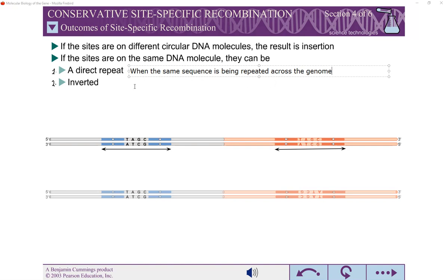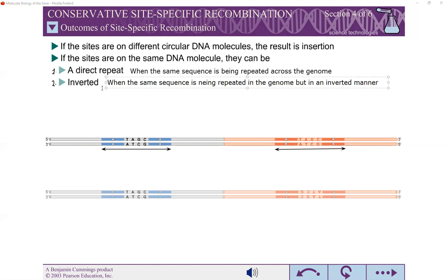Now you look here, what happens in the case of inverted repeat sequences. In the case of inverted repeat sequences, you can find that although the same sequence is being repeated, it is in an inverted manner. So there is going to be a repetition, but the sequence is going to be repeated in an inverted manner.